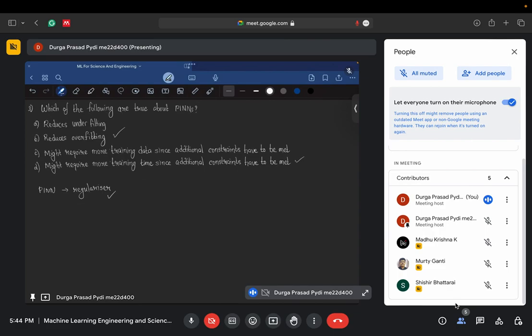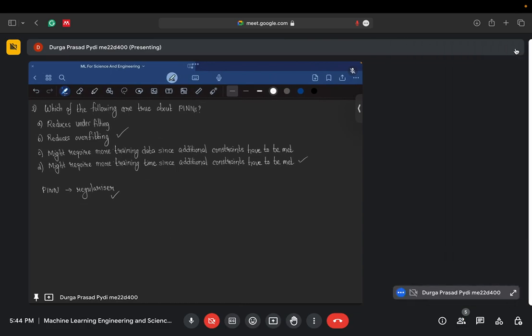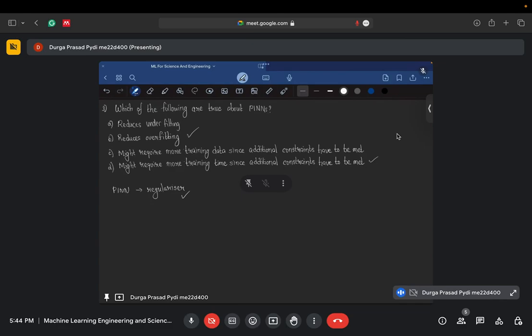But if you have training data already in place, then you can actually use it to help your PINN, right? The main objective of PINN is to essentially help your model reduce the overfitting. Without any training data, you could also train it, but the only problem is the amount of time you require to train might be a little high compared to that with having data. But you can do it.